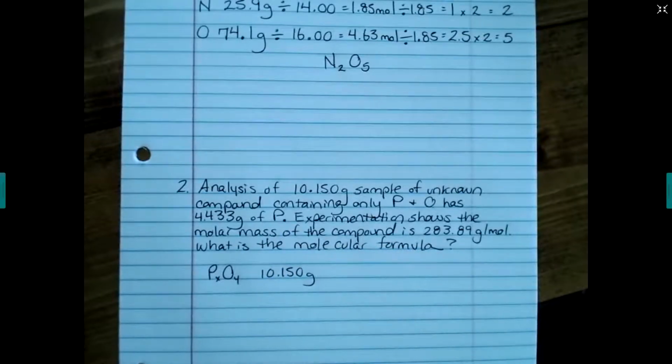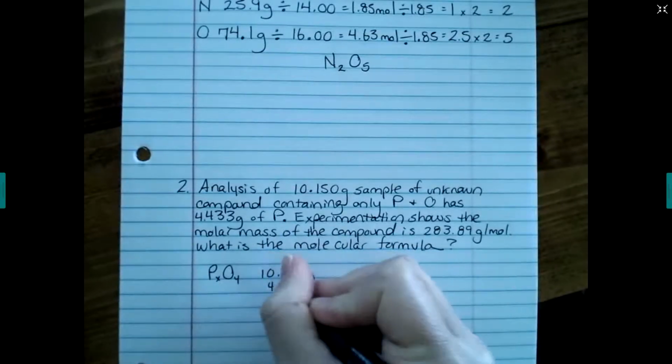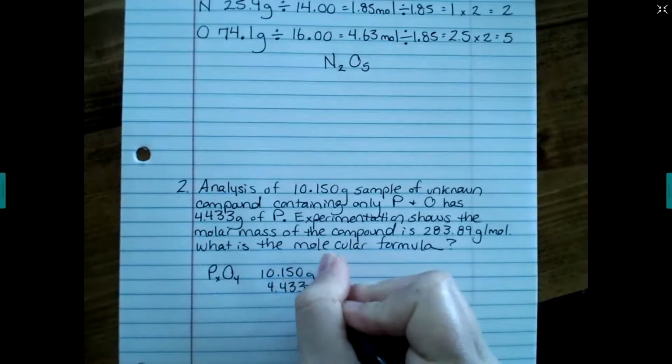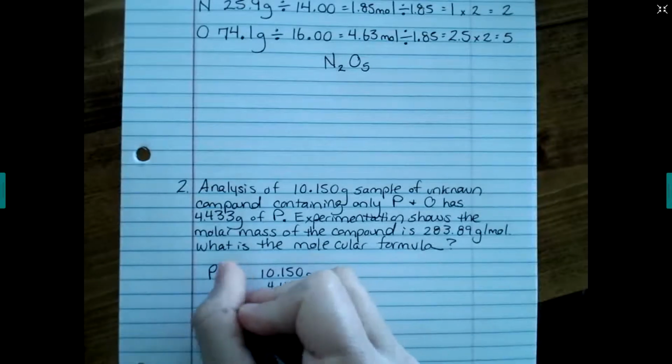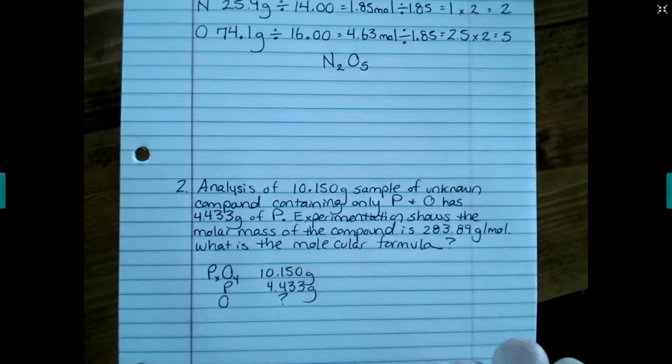And you also know that 4.433 of that is phosphorus. So the law of conservation of mass tells us that the other part, if you subtract those two numbers, should be the mass of oxygen.